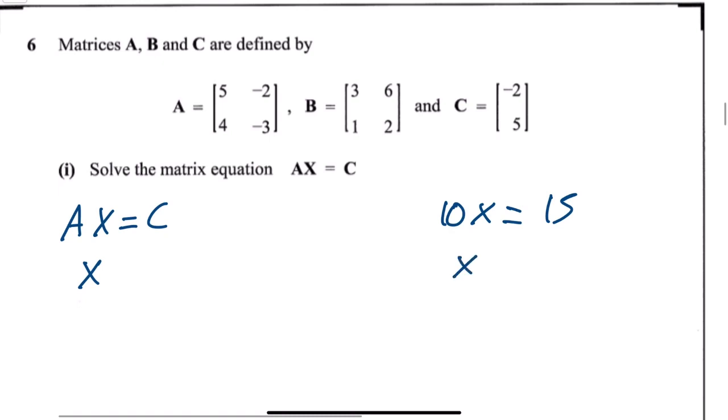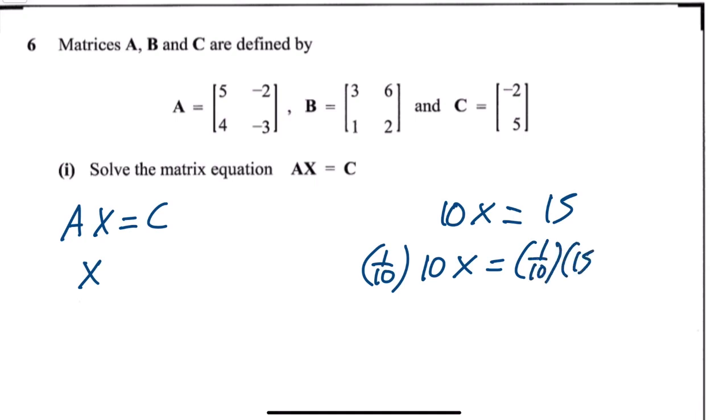What you could do is multiply 10 by its inverse, which is just multiplying by a tenth. And if you do that on the left-hand side, you must do that on the right-hand side. So that's really what you're doing. We're using the same sort of idea here.